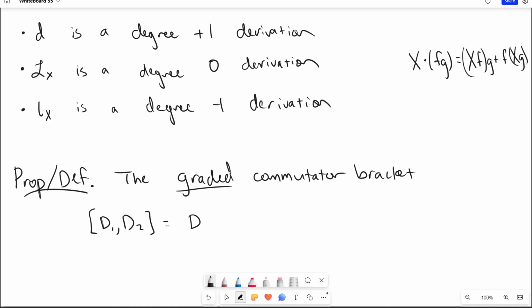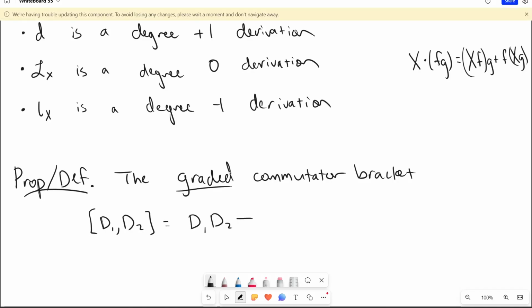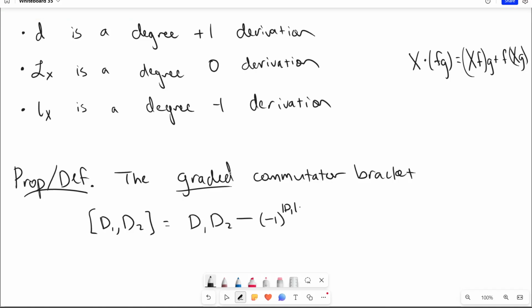We do d1 d2 minus (-1) to the degree of d1 times the degree of d2, and then we flip the order. So the graded commutator bracket of graded derivations is a derivation.